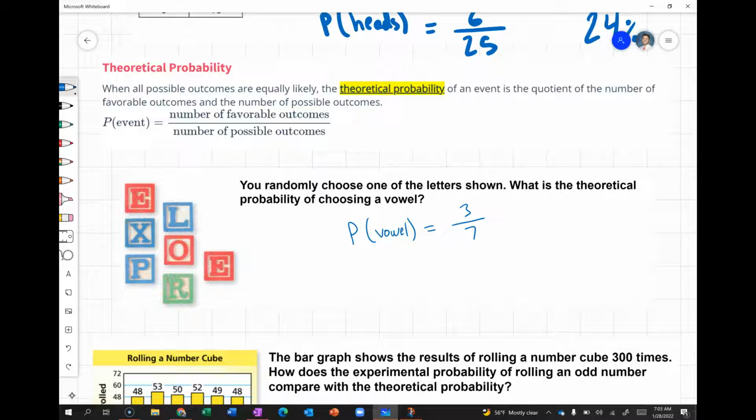Then if we take 3 and divide by 7, this will go on, but we can round here. So this will be about 43% theoretical probability of choosing a vowel here.